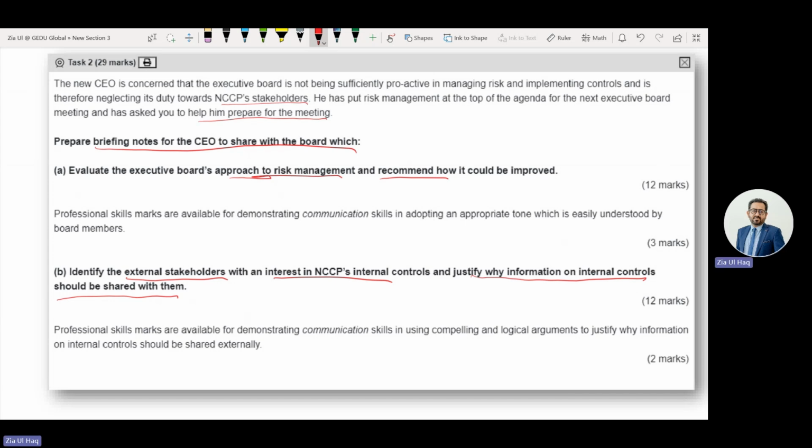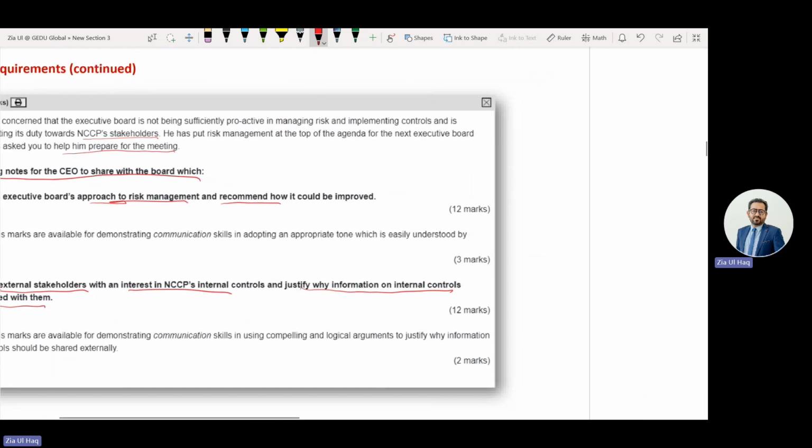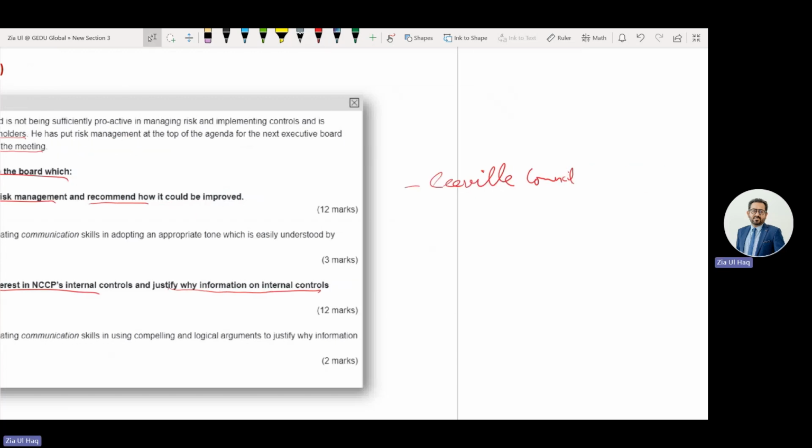First concern is raised by Savile Council. They want to have a good internal control system in the company so that they are aware how their funds have been utilized. So the first stakeholder we can discuss is Savile Council. They are providing their funds against conditions attached, and out of those conditions, they have a condition like the company must have a robust internal control system.